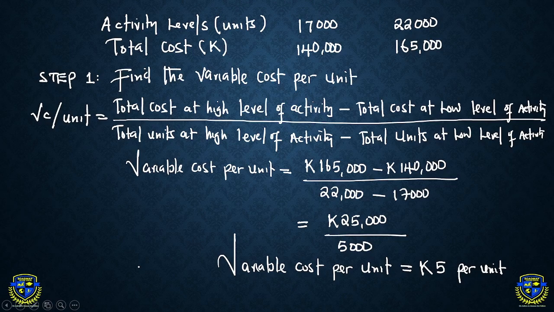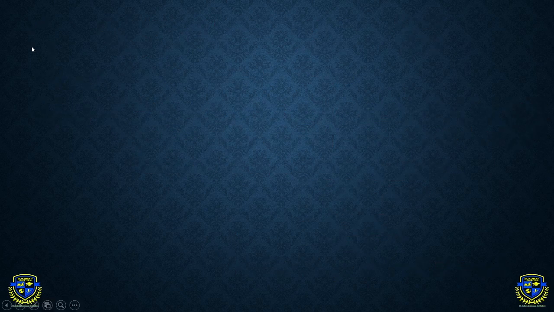Once you find your variable cost per unit, we'll have to go to step number 2. And step number 2, you need to find your fixed cost for the period. So we know that total cost is equal to fixed cost plus the variable cost. Okay, so how do we find the fixed cost from that formula?